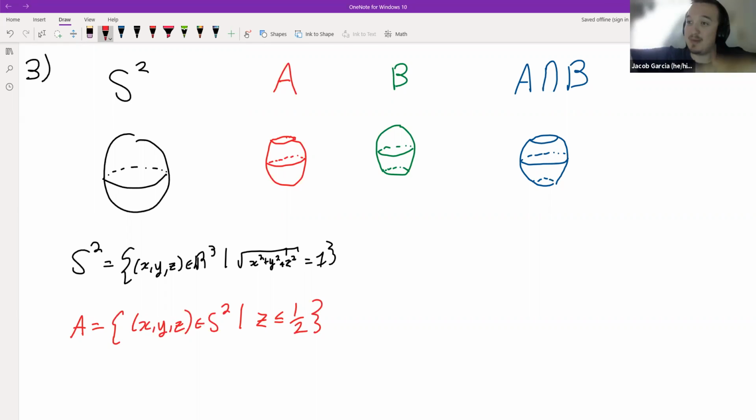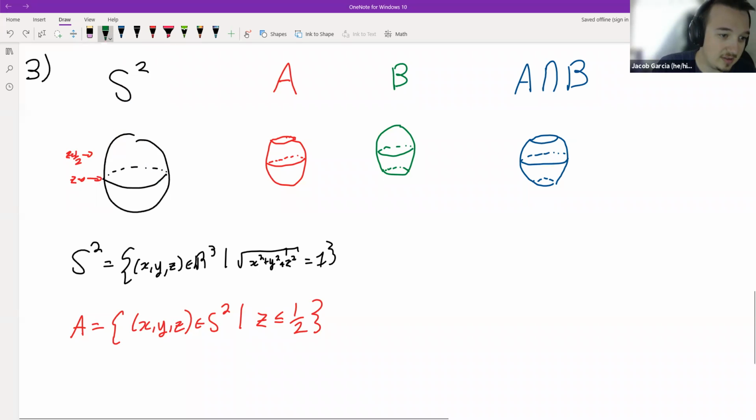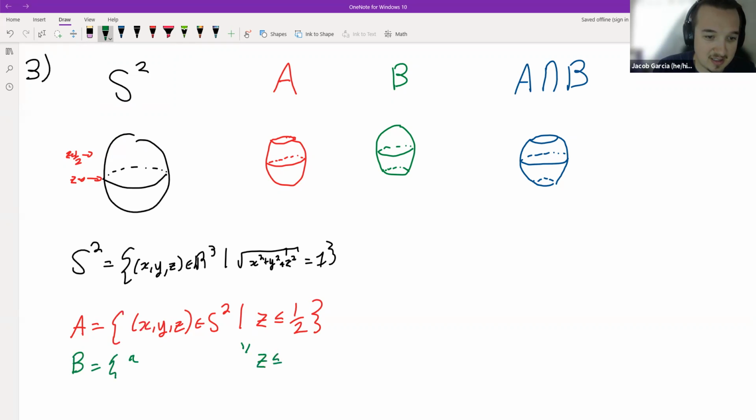So I'm just taking my sphere and dividing it into unequal quarters, where this is z equals 0, and this is z equals 1/2. And I'm just cutting my sphere and taking everything below that line. And then B is defined similarly, z greater than or equal to -1/2. And then A intersect B is the intersection.